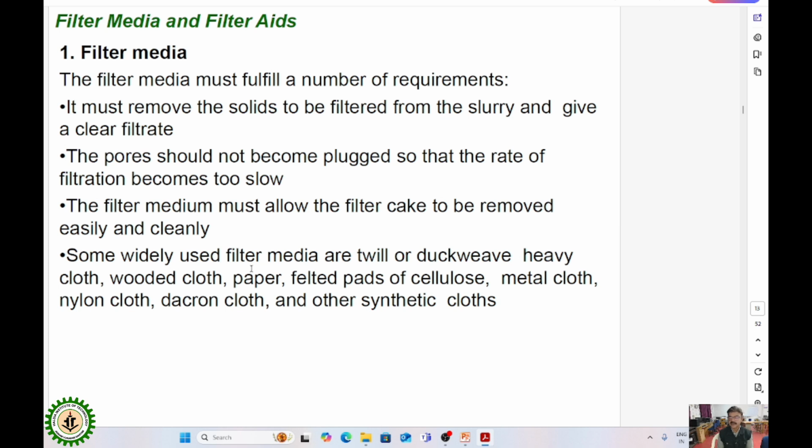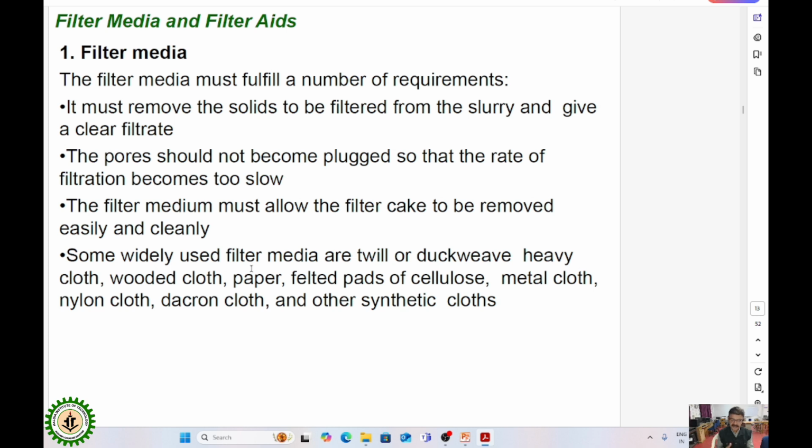If the slurry is corrosive, wire mesh can be used. The pores should not become plugged, so that the rate of filtration becomes too slow. That parameter you have to keep in mind always. The filter media must allow the filter cake to be removed easily and cleanly.